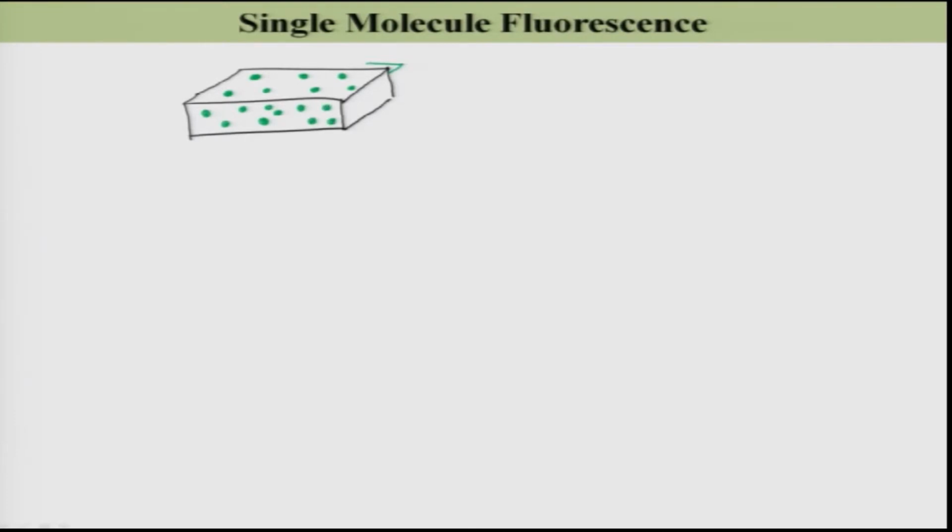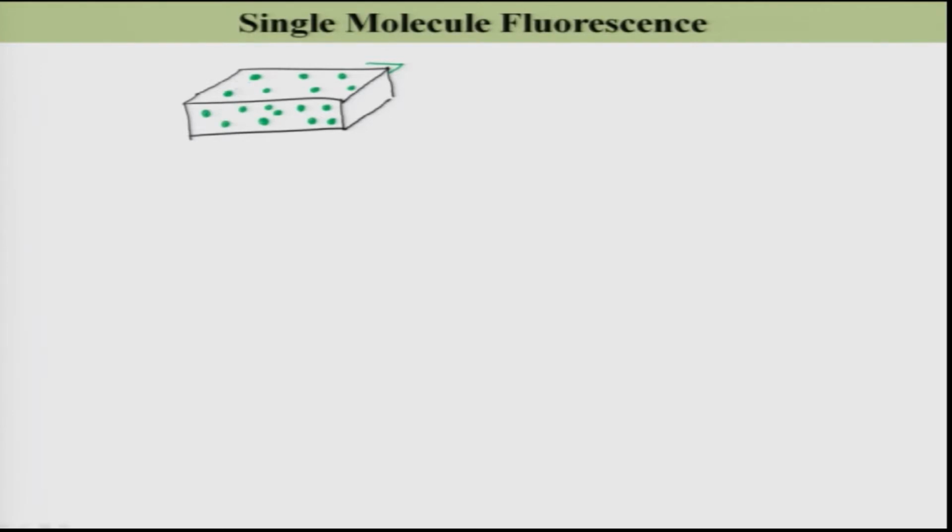Now if you want to image how the molecules are distributed in this matrix, you will put this polymer slab, with all these molecules embedded inside, in a confocal setup. In the confocal setup, you have this observation volume, which has a certain width and a certain height.